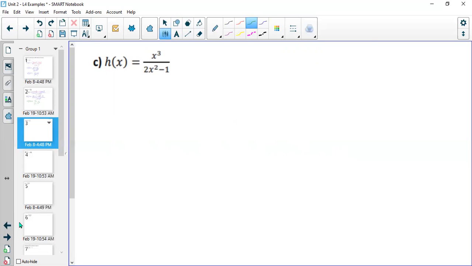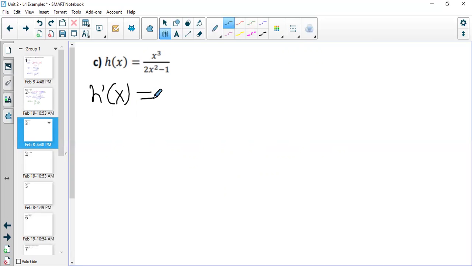And you can always feel free to calculate your derivatives first. I'm just going to plug everything directly in, so you can always pause the video and check the derivatives that I'm calculating. So again, h prime of x is my derivative.